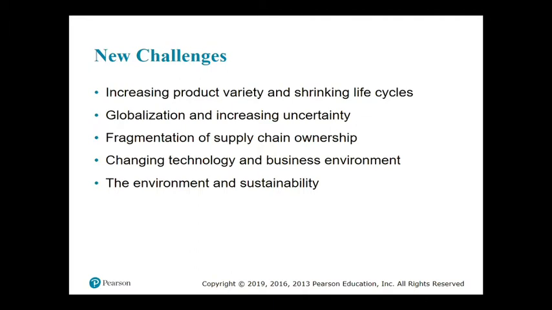And then there is also a fragmentation of supply ownership, which means that supply chains are less and less so-called vertically integrated.